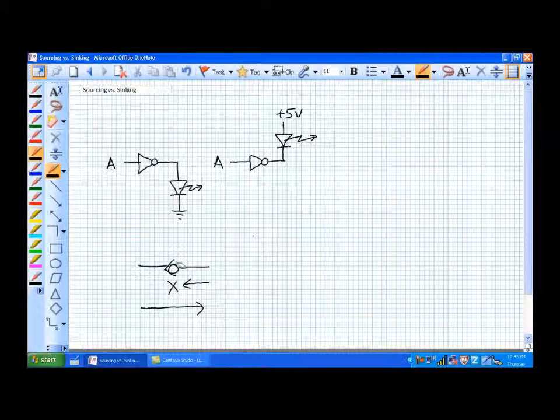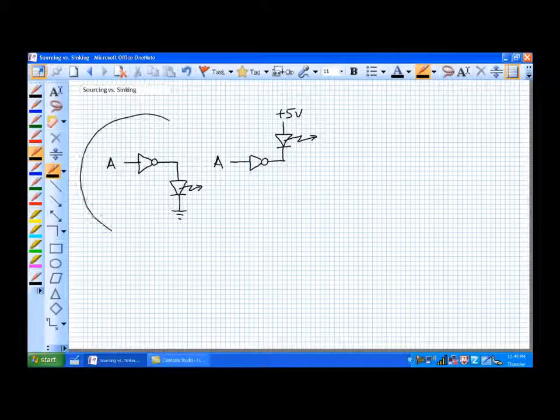So I'm going to draw your attention to these two diagrams. The first arrangement here: think of signal A. Obviously, on the other side of that inverter is not A. It's the inversion of it.